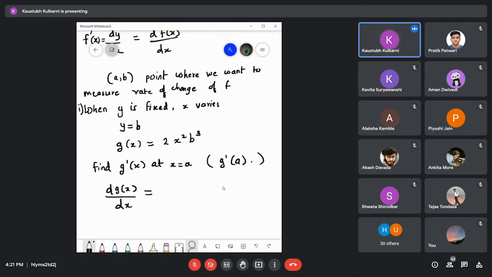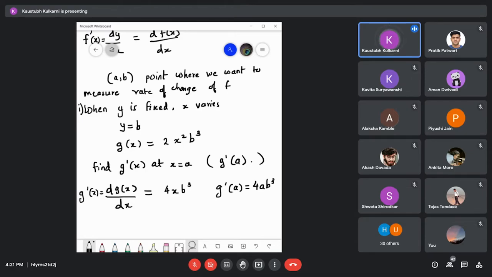So 2x square, the derivative is 4x. 2 remains as it is. Derivative of x square is 2x. So 4x b cube. This is g dash of x in general, and g dash of a will be 4ab cube.